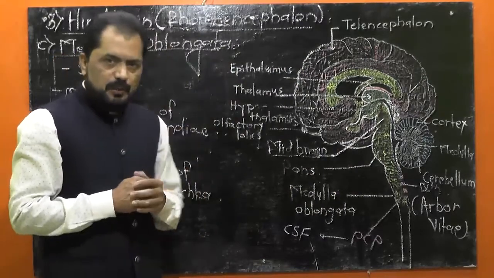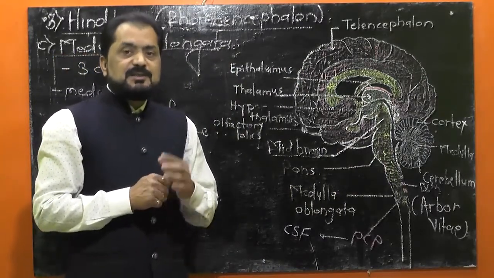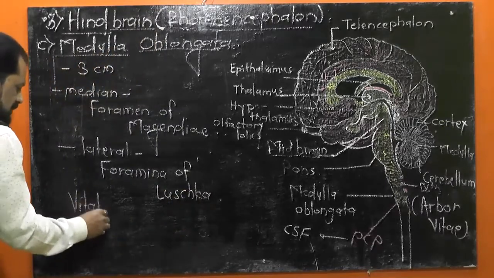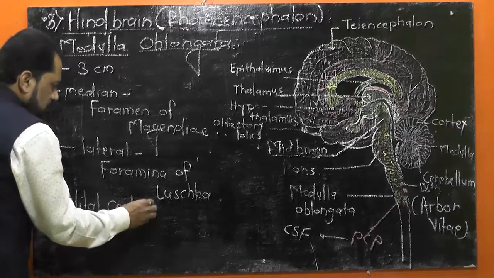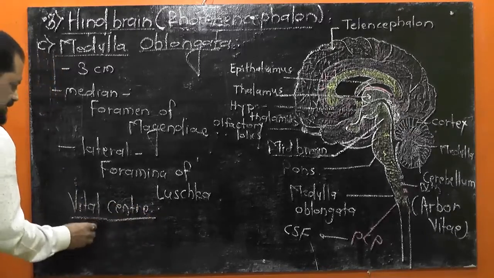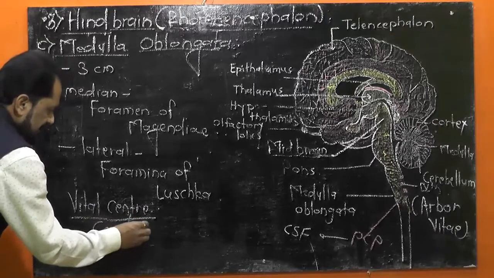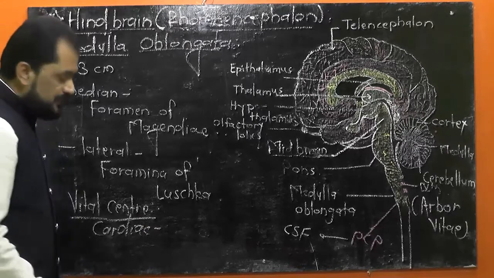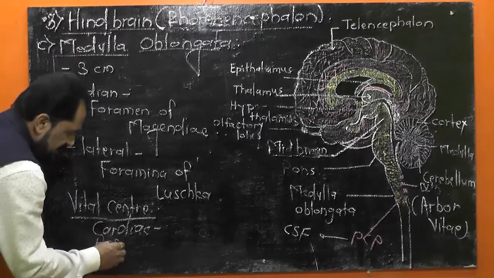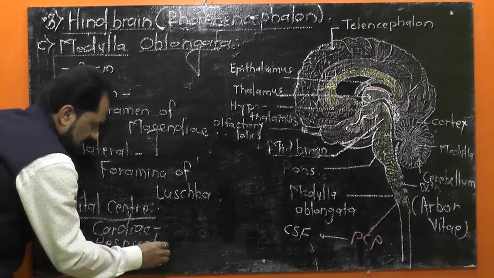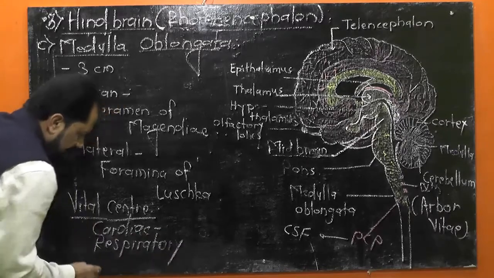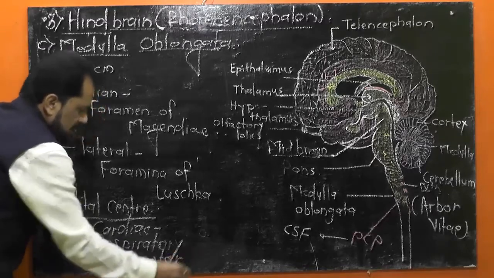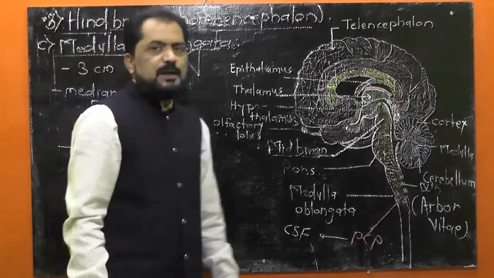Now role of medulla. Medulla oblongata has three vital centers which control certain vital activities, such as cardiac center. Name itself indicates it controls heart activity. Second, respiratory center which controls breathing activity. And third, vasomotor center which controls the constriction and dilation of blood vessels.